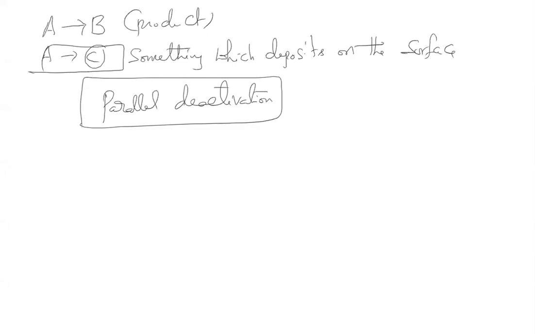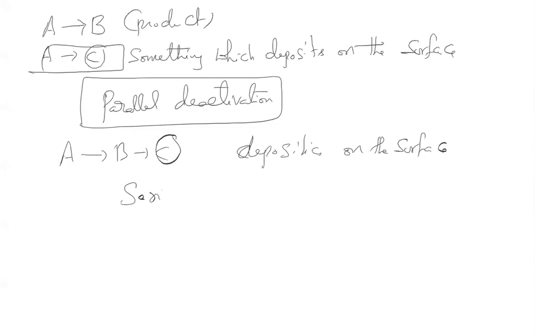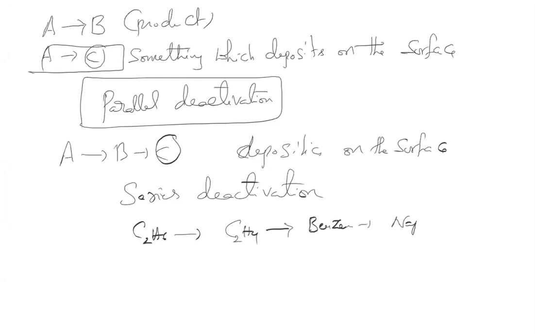Another case is A gives B, B gives C, where C deposits on the catalyst. This is called series deactivation. One example is ethane forming ethylene, ethylene forming benzene, and benzene further forming naphthalene.